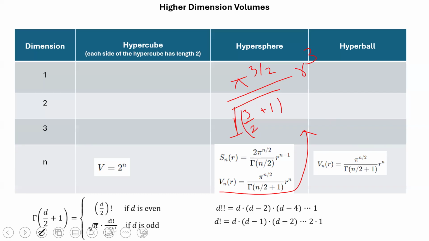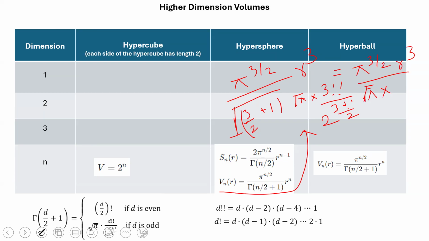When n is odd, what is the formula? It is nothing but root pi into 3 double factorial by 2 to the power of (3 plus 1) by 2. So that becomes pi to the power of 3 by 2 r cube by root pi into 3 double factorial.